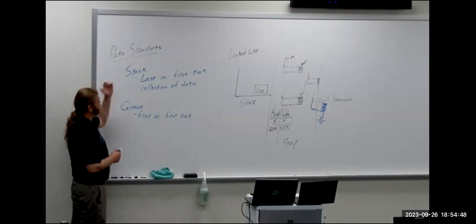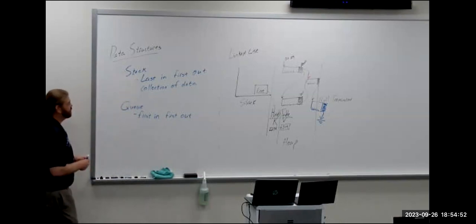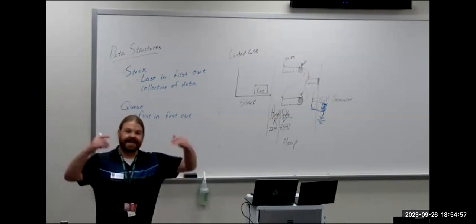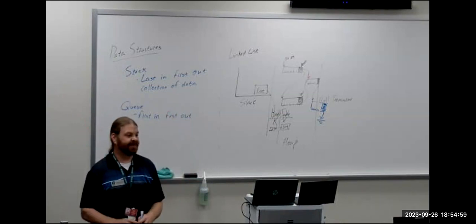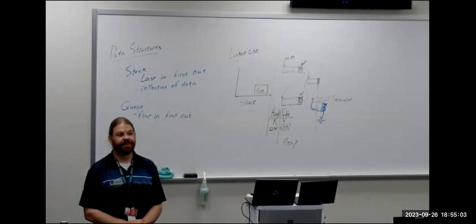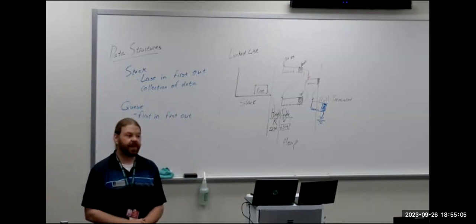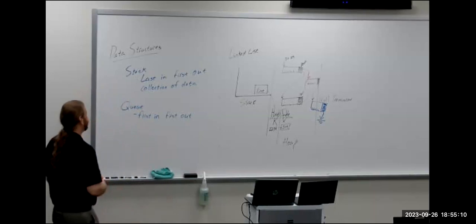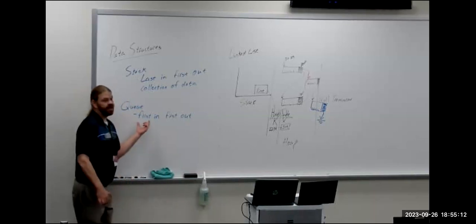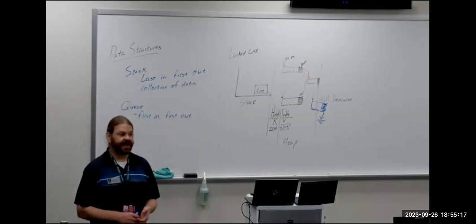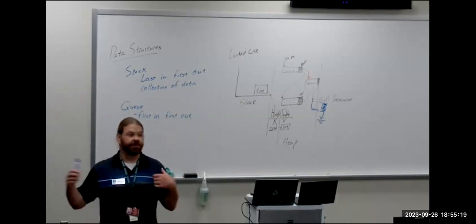So stack, the last thing we put in there is the first one comes out. Plates in a cabinet are a standard example, right? After washing the plates, we put them up, and then when it comes to meal time again, we don't pull a plate from the middle of the pile. We usually grab the plate off the top. A queue would be like a line at McDonald's. The first person to get there is the first person to place the order and get their food.